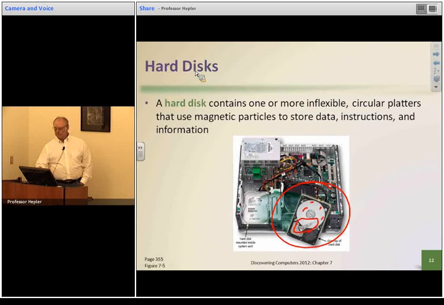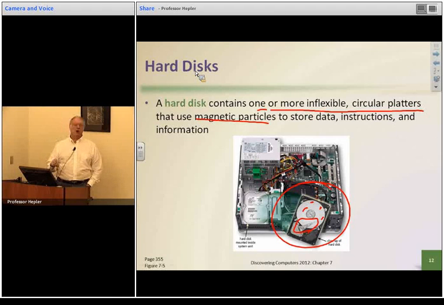So it has one or more inflexible circular platters, and they use magnetic particles to store the data, instructions, and information. So it's magnetizing a bit, or turning the magnetism off. Off is a 0, magnetized is a 1. North is 0, south is 1. Don't know how that goes, but it doesn't matter as long as there's 2.